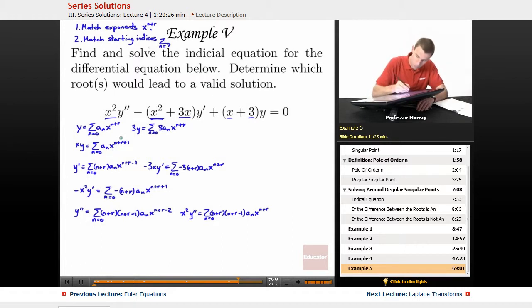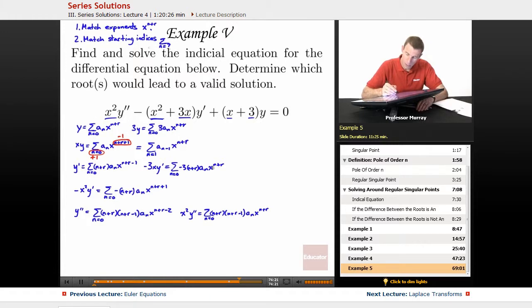So I'm going to go minus 1 on the n's in the formula, plus 1 on the starting index, and so I'll get the sum from n equals 1. Now I got to lower the n's in the formula, so a n minus 1 x to the n plus r.